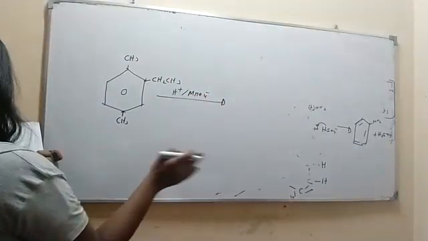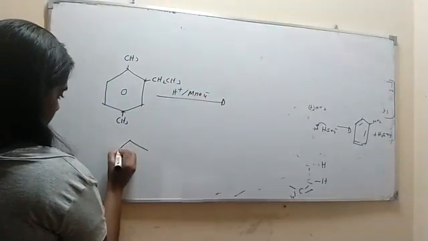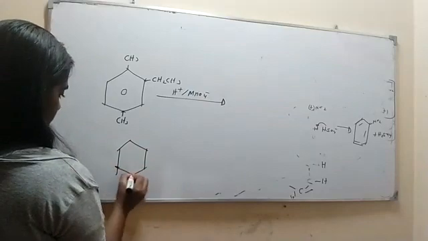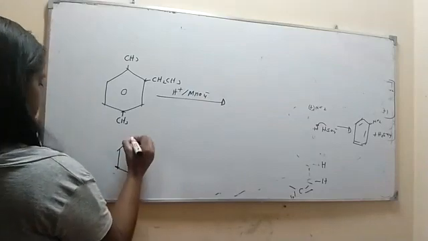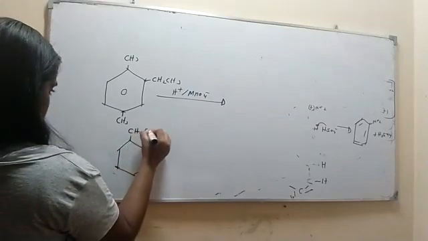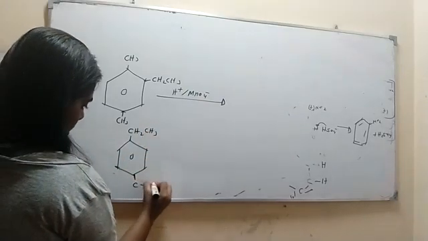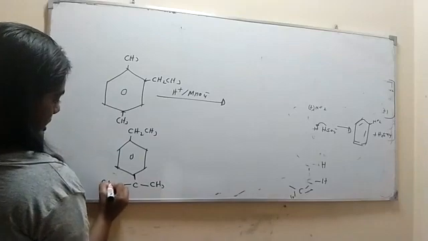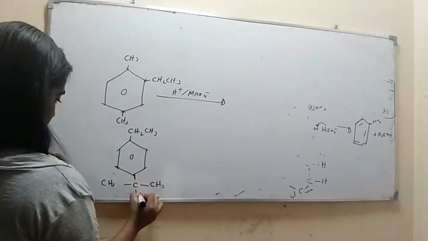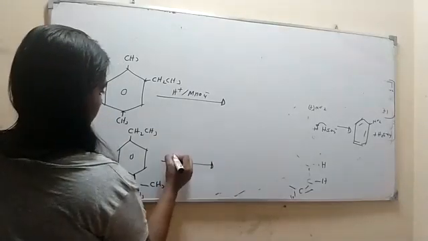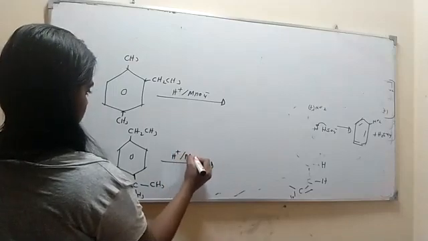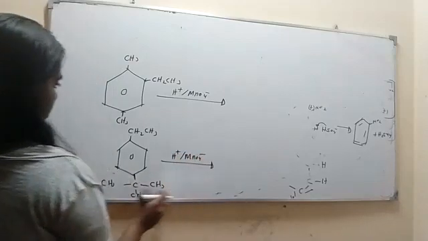So what should be the product? And this one, benzene ring, CH2, CH3, and here a carbon with CH3, CH3, CH3. If I put H plus, MnO4 minus, what is the product?